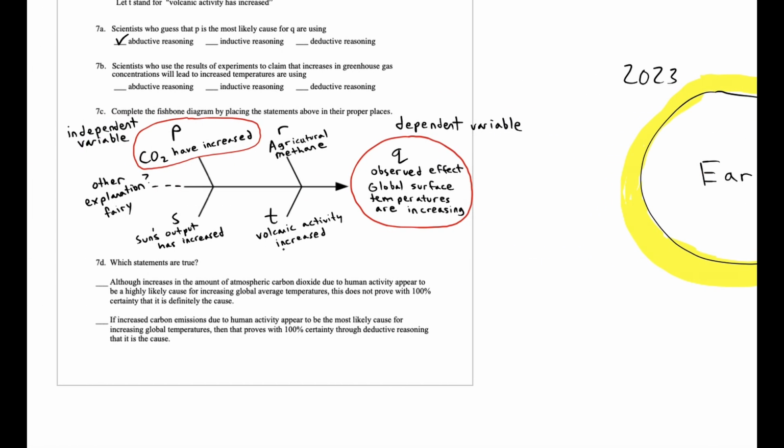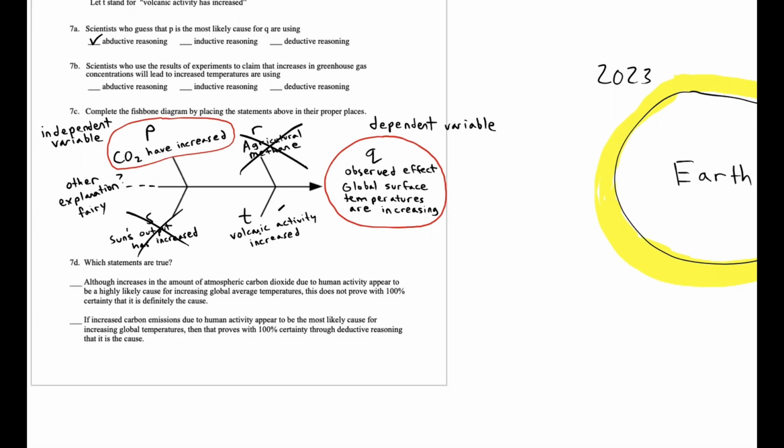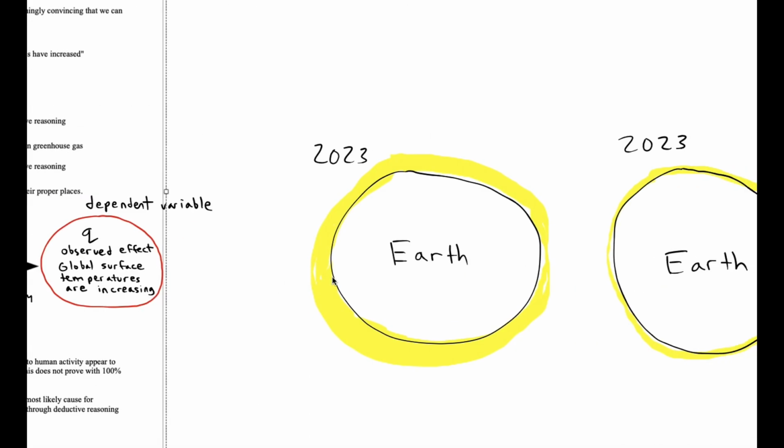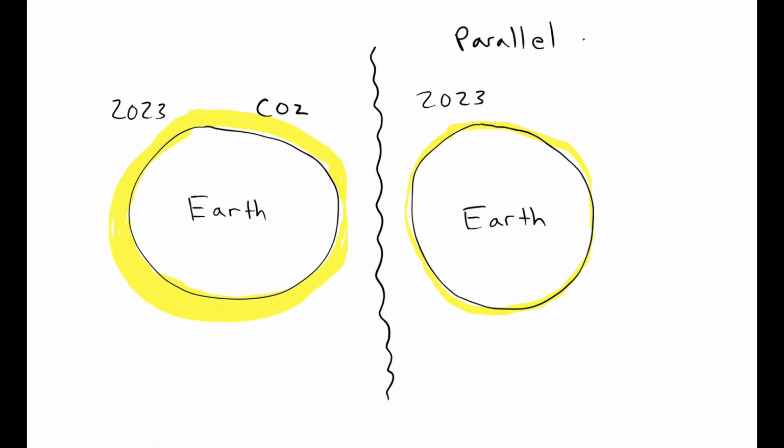So comparing the past to today does not really eliminate the influence that these confounding factors would have on the situation. The only way to truly eliminate them would be to compare an Earth that has CO2 in the atmosphere versus an Earth that doesn't. And it has to be a parallel universe, so it's the same Earth.